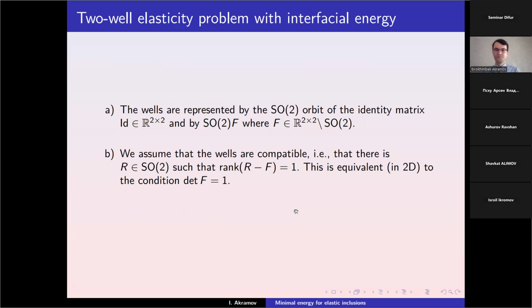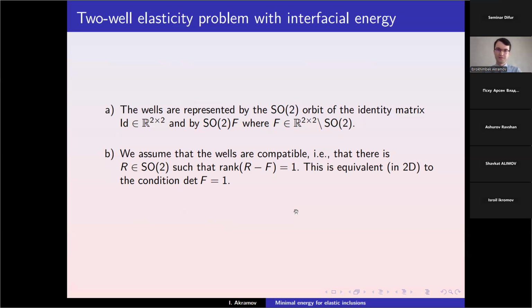Determinant F, yeah, it has an inverse matrix. And R is in general like F. Usually rank F is 2, but rank of R minus F is 1.